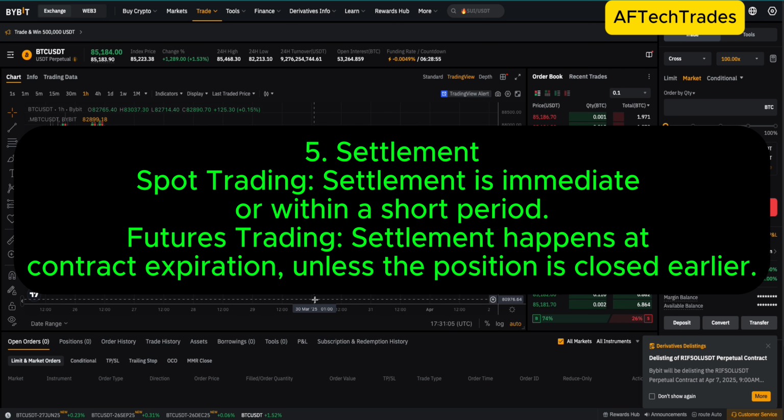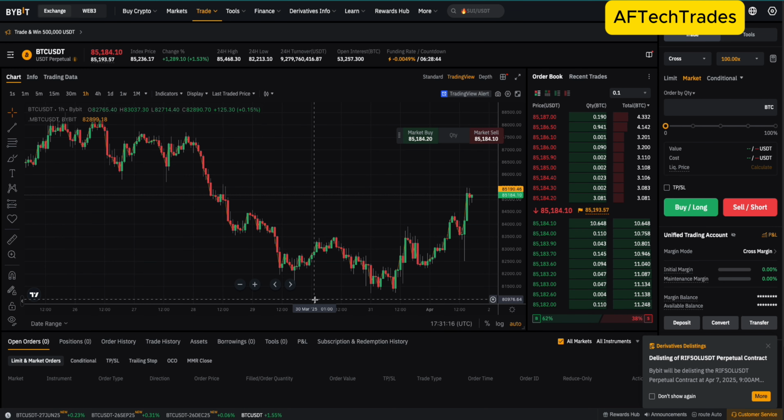But in futures trading, settlement happens at contract expiration unless the position is closed earlier. So in futures trading, if you decide to close the position, either in loss or in gain, that is when the contract ends. Or they liquidate you, and the contract is gone.